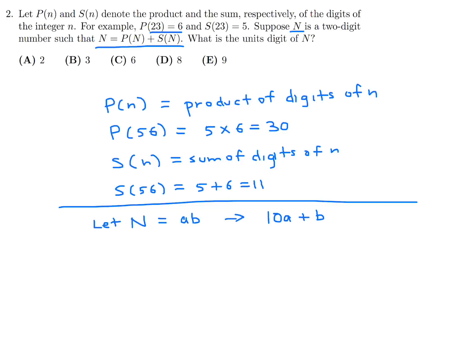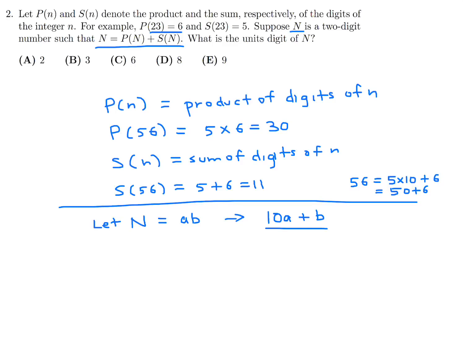Because if I write 5, 6, this is essentially the same as 5 times 10 plus 6, right? 50 plus 6. So you have to write it in this form. If you don't know what a and b are, then it wouldn't make sense to just write ab. Is it a times b? Is it a is a number and b is a number? So this is the proper way of writing it in this question.